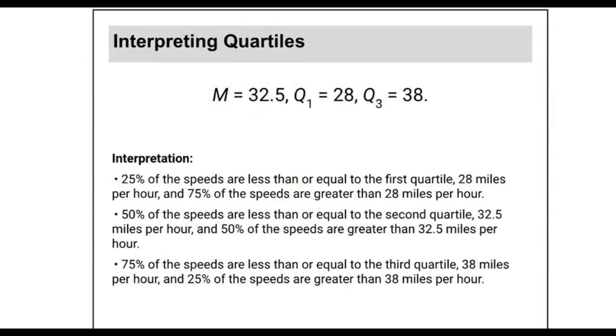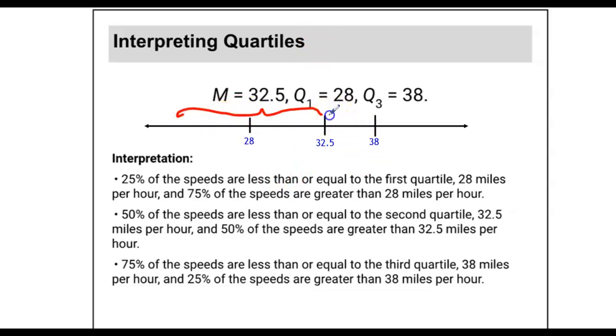This tells us that the median is 32.5, quartile 1 is 28, and quartile 3 is 38. Here are the interpretations. The 32.5 is the median, which means half of the data lies above 32.5, half of the data lies below 32.5. Quartile 1 being 28 means 25% of the data lies below it, 75% of the data lies above it. So just to hammer this point home, I know that 50% of the data lies below 32.5, 50% of the data lies above 32.5.